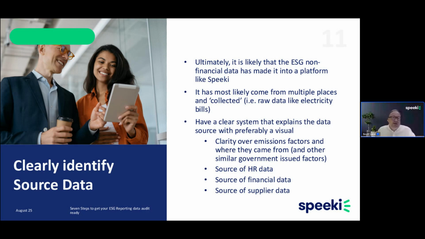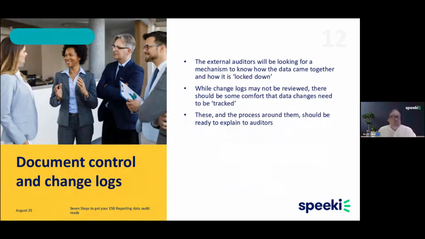So again, source data, knowing where the data comes from, knowing where it traces back to. Again, it's not rocket science. We find it mostly in energy data. Emissions factors are another one. Where did those emissions factors come from? Occasionally we see it in HR data as well. So tracing those source systems.